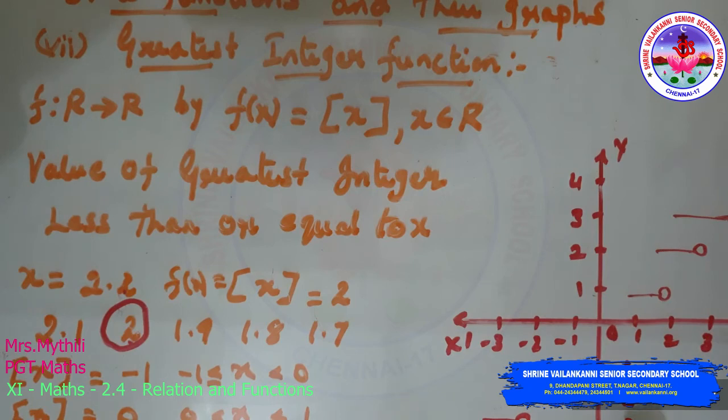That is, f of x equal to minus 1. If we take a value like minus 2.5, the greatest integer would be minus 2. If we take x as minus 3.5, the greatest integer f of x is minus 3. For positive values, if you take x as 1.5, the greatest integer f of x is 1, etc.